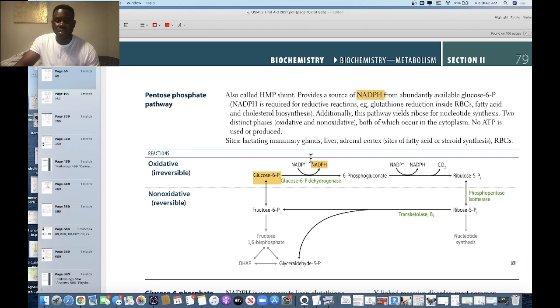Now, where do we use this NADPH? We use it in several reactions, like in RBCs. We can use it to reduce glutathione so that glutathione can be used to destroy or reduce all the free radicals in the red blood cells. Free radicals are toxic substances gotten from the end products of reactions.